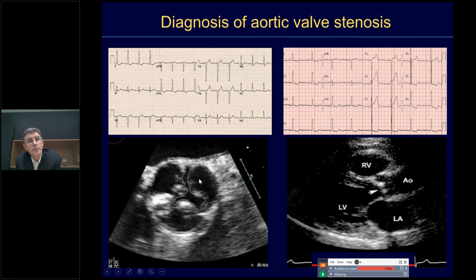And it should be very much bigger than that. It should be close to 2 square centimeters. Anything less than 1 square centimeter is considered severe. And we commonly see patients who have a valve area of 0.5, 0.6, 0.7 in the very severe or the critically severe aortic valve stenosis. So this is aortic stenosis with left ventricular hypertrophy.